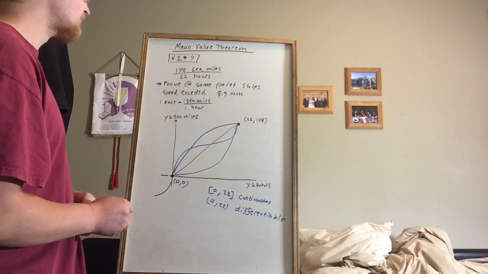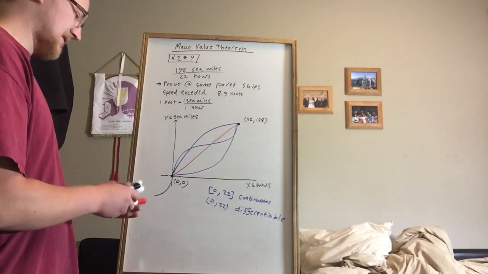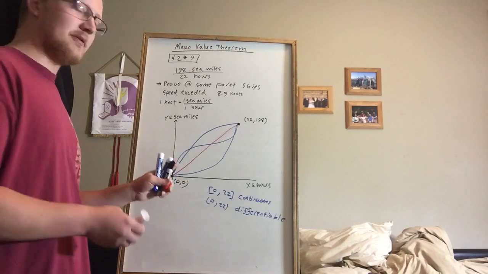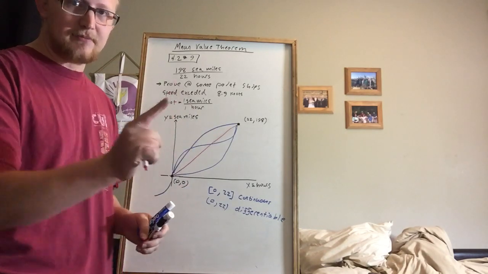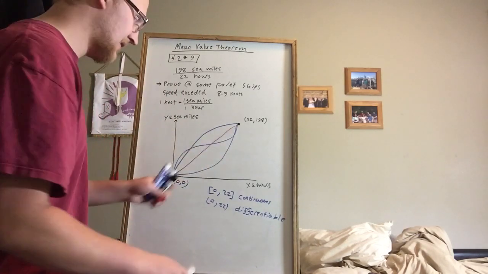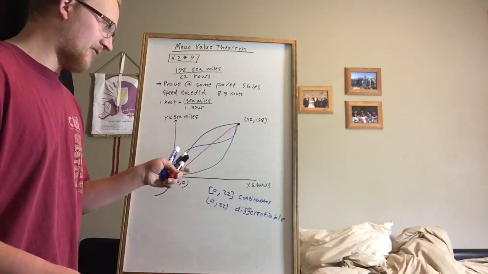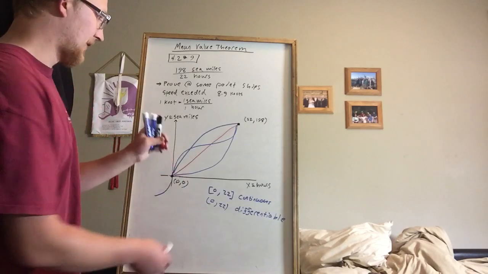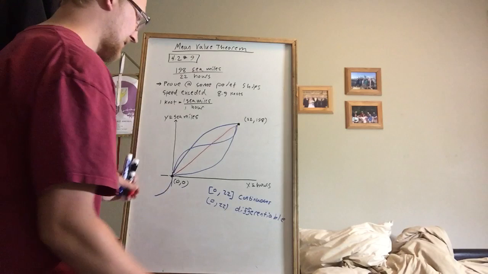And so the key here is that because of this, the mean value theorem tells us that for every single one of these possible curves, at minimum, there is one point that has the same slope as the secant line. Or in this case, one point on every one of these functions that's going to have the same speed. Because remember, slope for a time versus displacement graph is going to be speed.